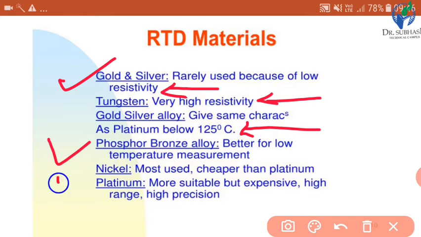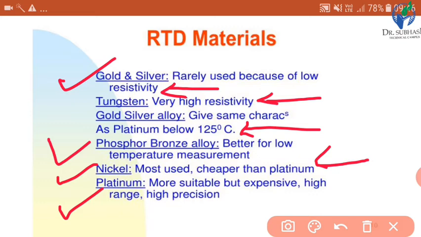Then nickel. Nickel is mostly used, and one of its advantages is that it is cheaper than platinum. The last one is platinum. Platinum is more suitable, but it is expensive.